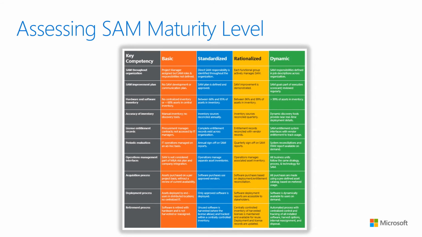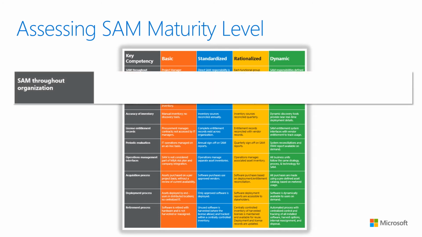Here are the 10 competencies again, with typical answers included for each of the levels. Now let's zoom in on that first competency and take a look at the different answers. The red column is the basic level, and here a customer has a project manager assigned, but SAM roles and responsibilities are not yet defined.